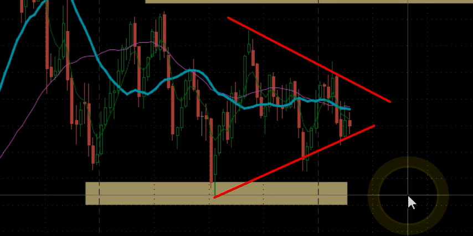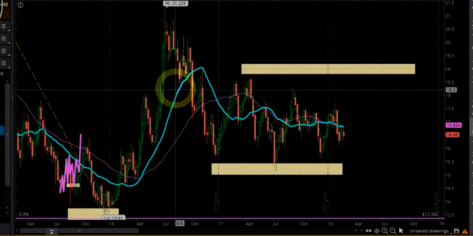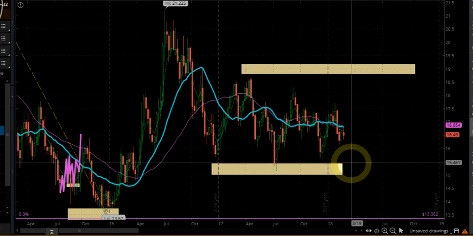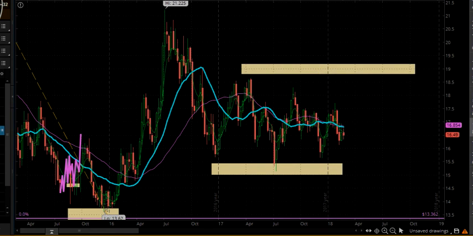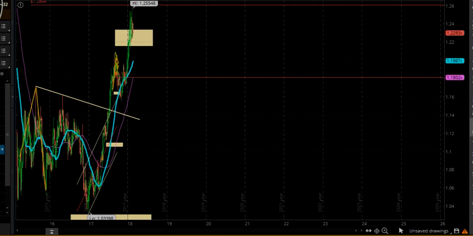So this is like an A, B, C, and then this whole thing is an X, and maybe there's a bounce up and then down. I'm not sure, but it could be that it's already started down, and this is the first move in the move down, and it's going to come down to here. But both of these markets are a little bit confusing right now, and I wouldn't be a buyer until it got down to here, and I wouldn't be a seller until it got up here. That's probably the easiest way to look at those markets.